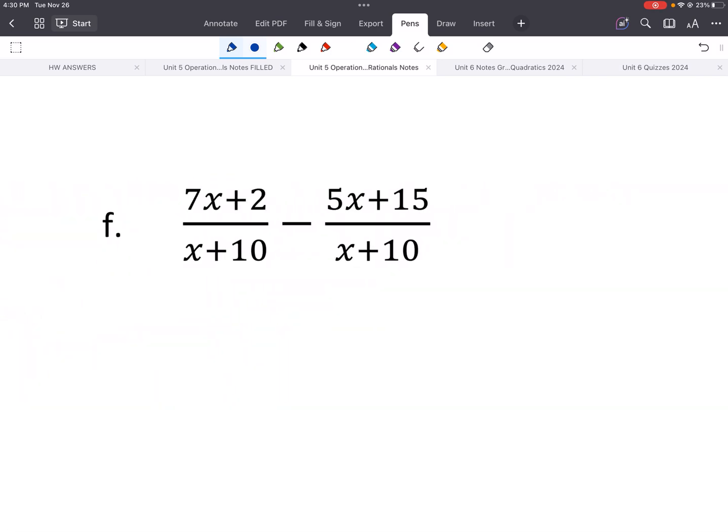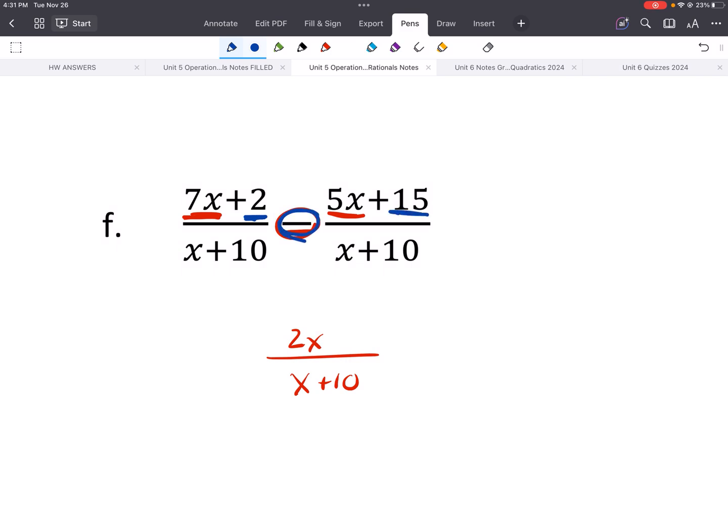Here's another, subtracting. This is one where a lot of people run into mistakes, so pay attention here. We have a common denominator, so we're going to subtract. 7x subtract 5x would give us 2x, and then we're doing 2 subtract 15.